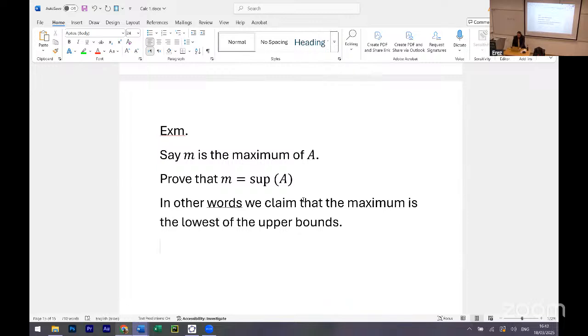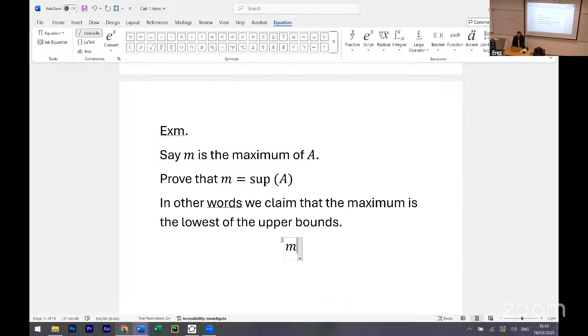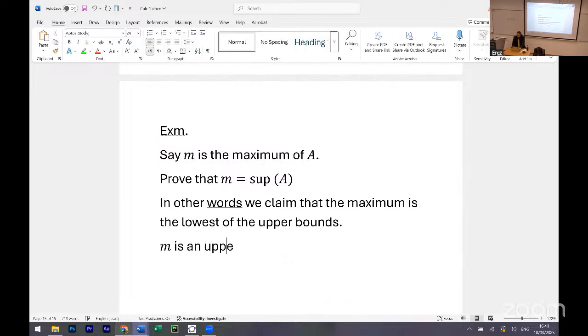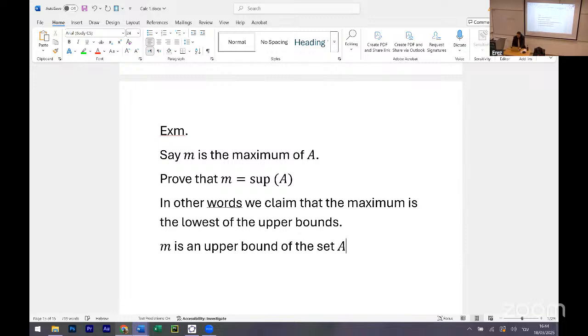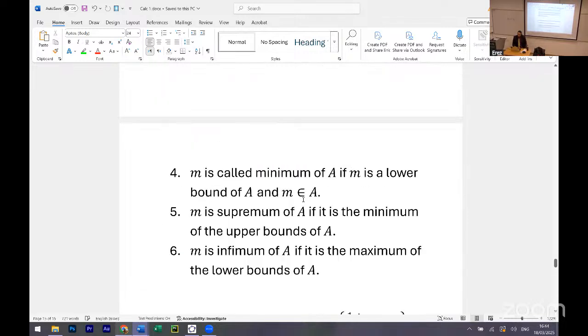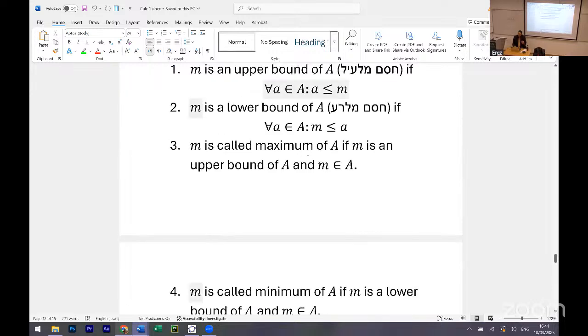M is an upper bound of the set A by definition, and whoever does not remember, I'll go to the definition. M is called a maximum if it is an upper bound, that's by definition, and also a member of the set. So the fact that M is an upper bound, that's by definition.